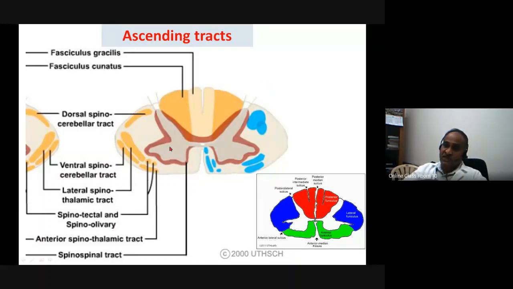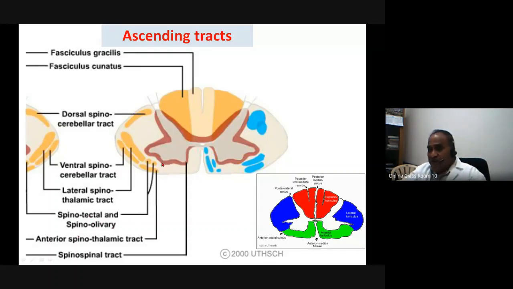We get the information from the reticulospinal tract or vestibulospinal tract, whether the action has been taken or not, and that reaches the spinotectal and the spino-olivary paths. They will ascend up.